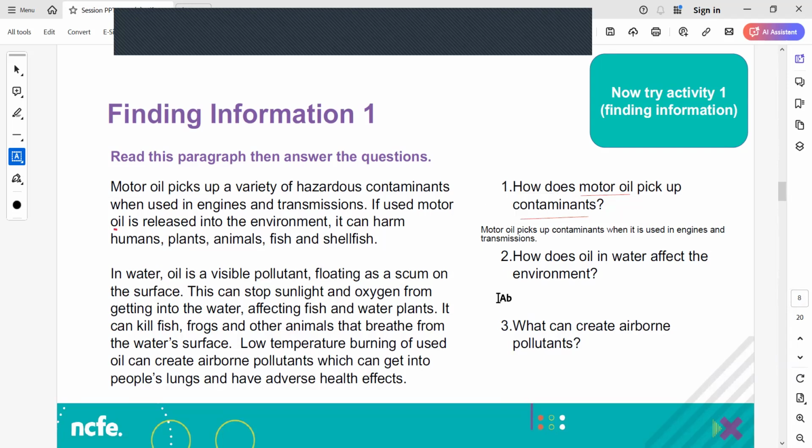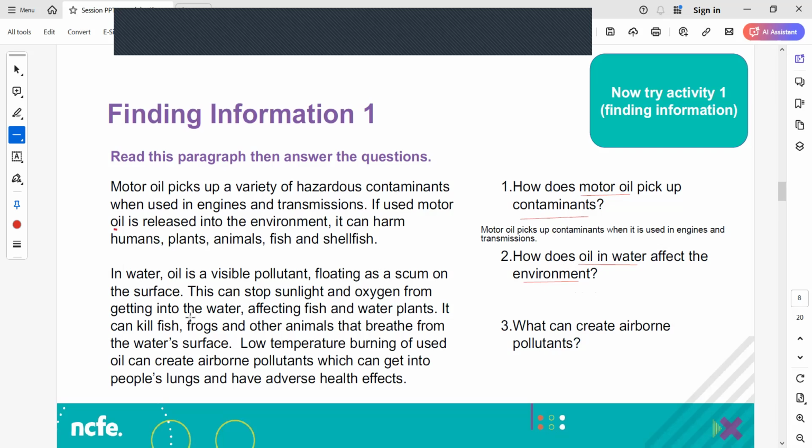So looking at question 2, how does oil in water affect the environment? What would our keywords be that we're going to scan for? Oil in water. Yeah, so oil, water, and also environment. So scan the text.